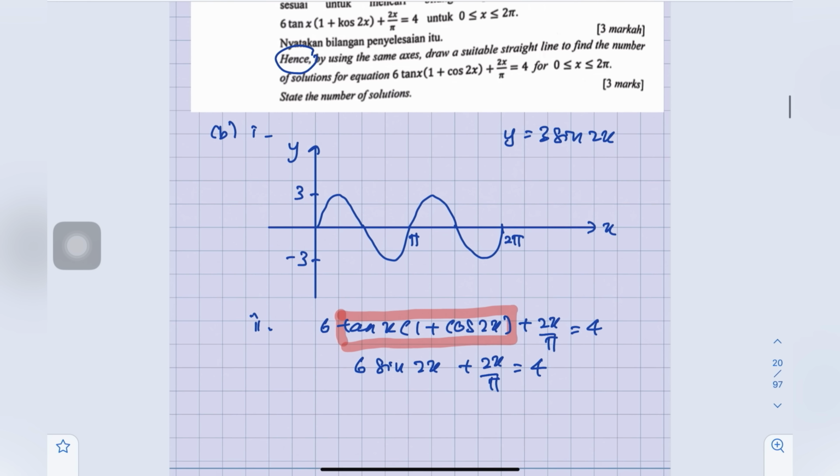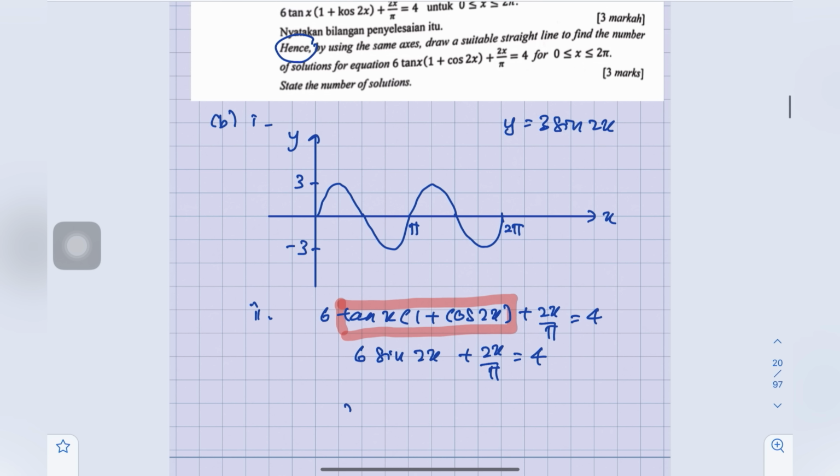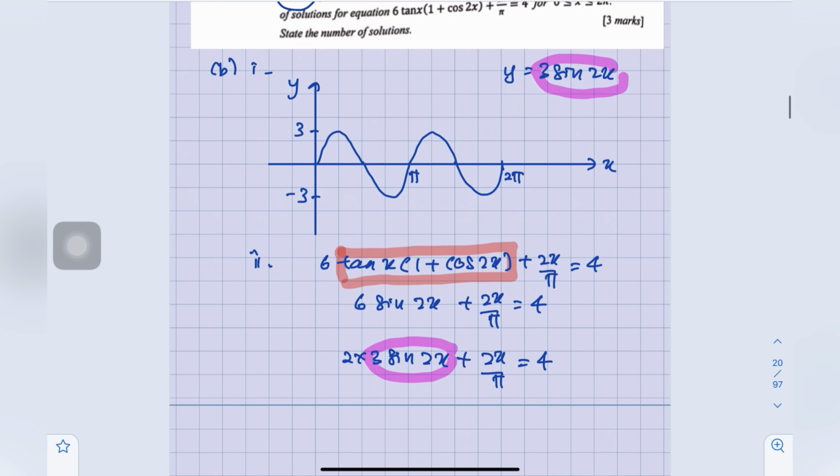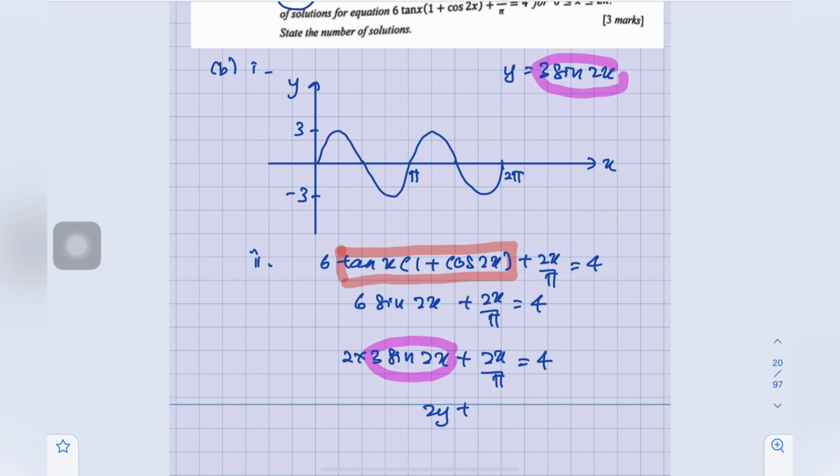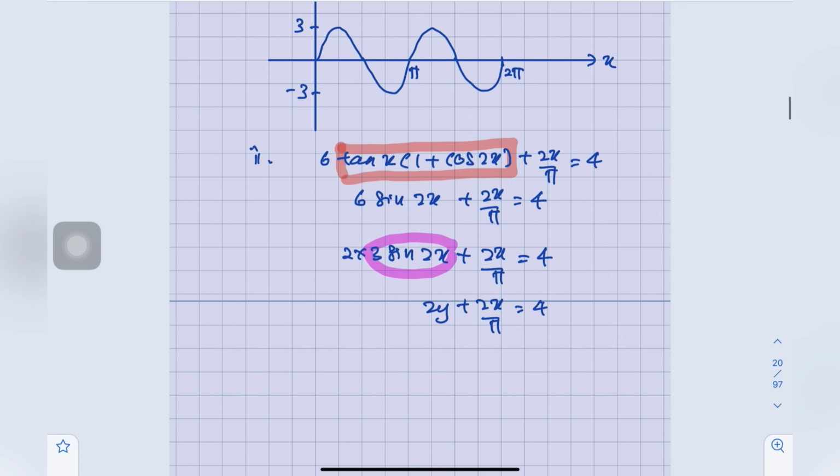So here we can separate it: 6 is actually 2 times 3 sin 2x, plus 2x over pi equals 4. Then 3 sin 2x is equal to y. So this one is 2y plus 2x over pi equals 4.